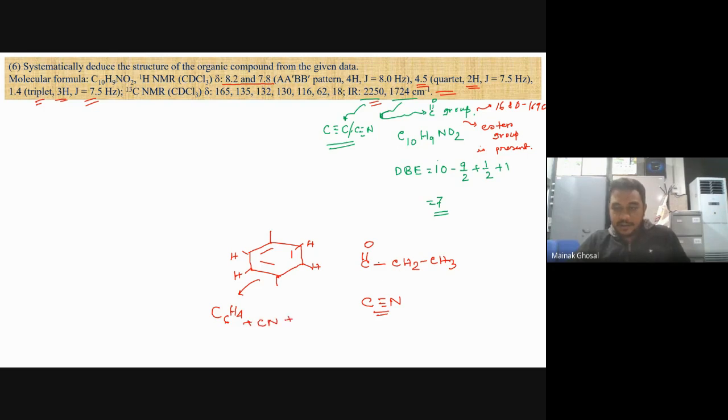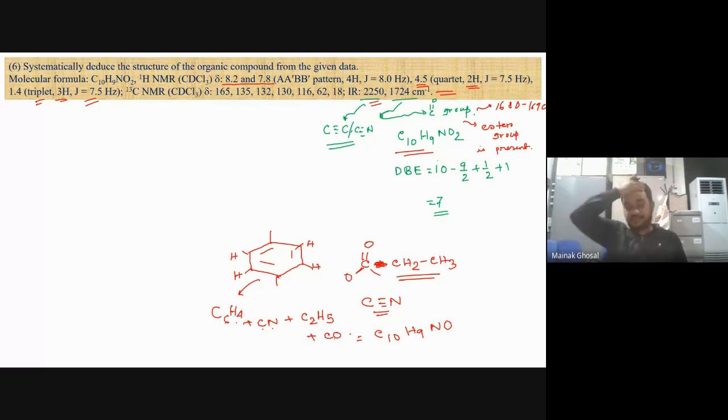This is CH2CH3, so add it, I get C2H5, and add CO. So count 6, 7, add 9, 10: C10H9NO. I am left with C10H9NO2, so I am left with one oxygen, which I told you is present.